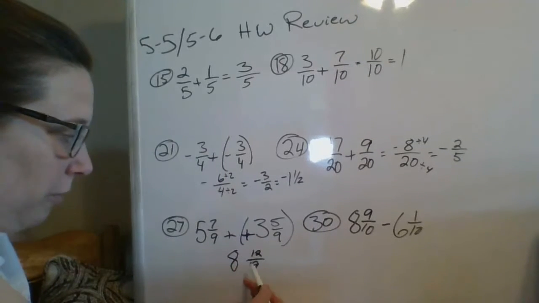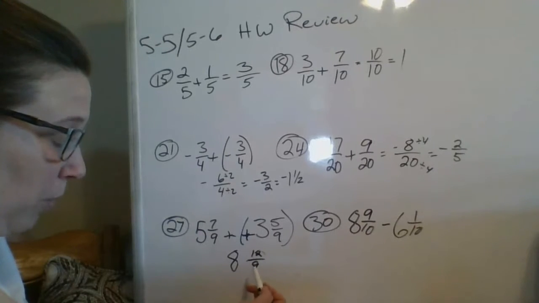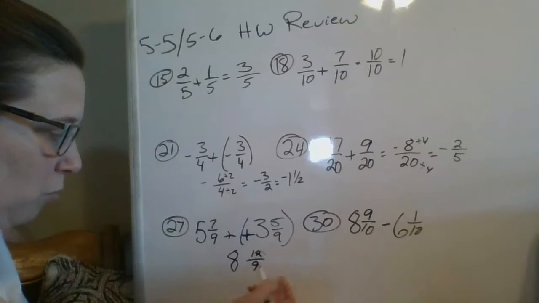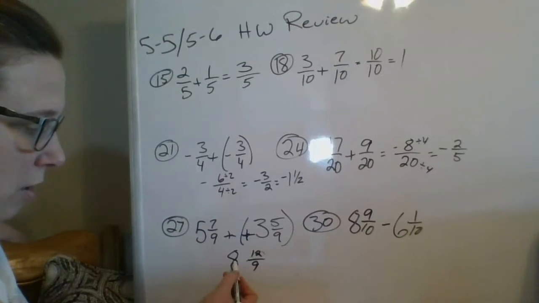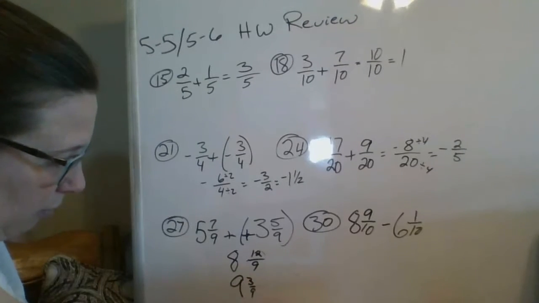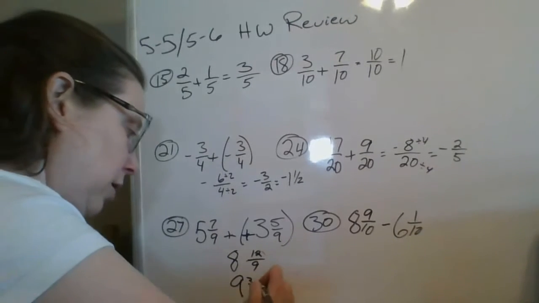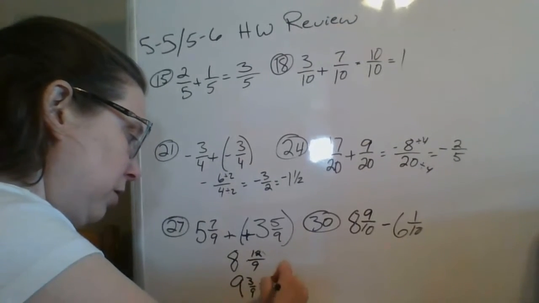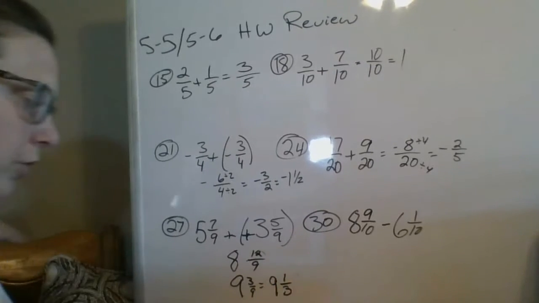So we have 8 and 12 ninths. This is not proper. So you need to think about how many times does 9 go into 12, which is 1. So this whole number would bump up to 9. And then we have 3 ninths left, which can reduce by dividing by 3's. So our final answer would be 9 1/3.